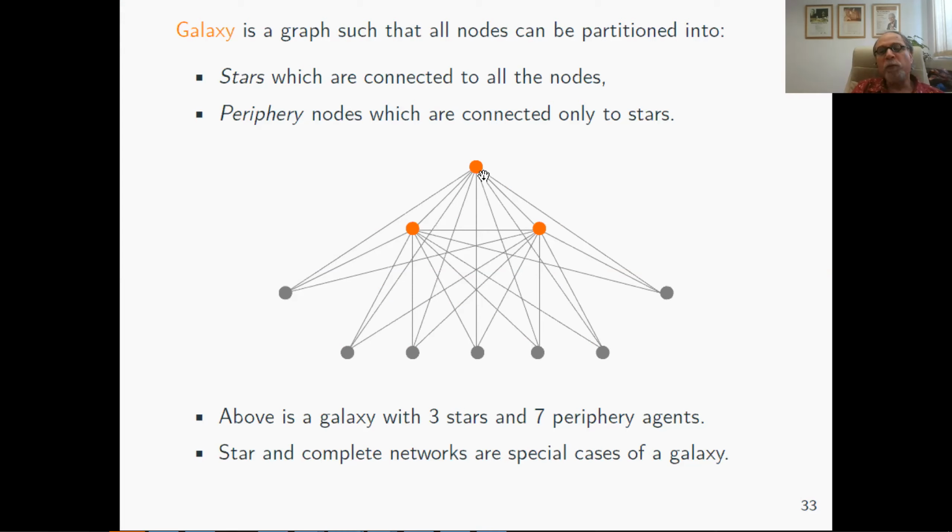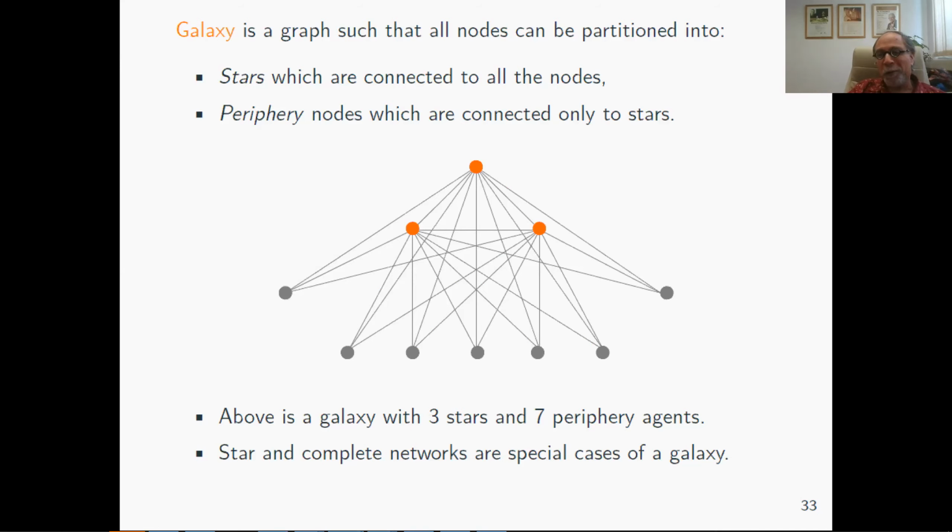The star is connected to the periphery, and there are no links within the periphery. This is a star. Okay, what is a galaxy?